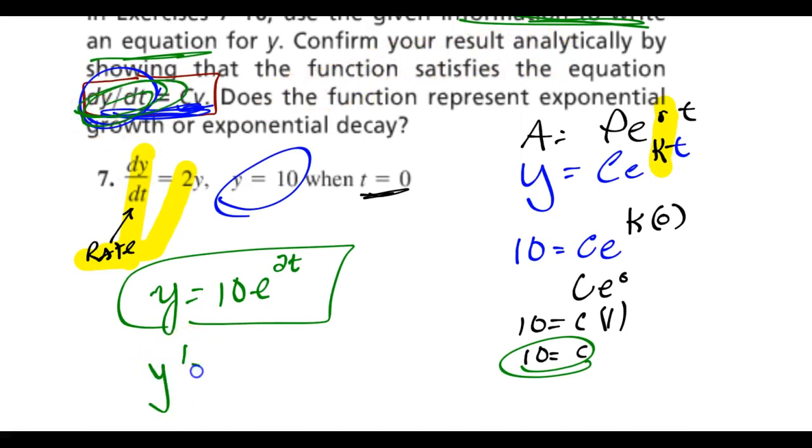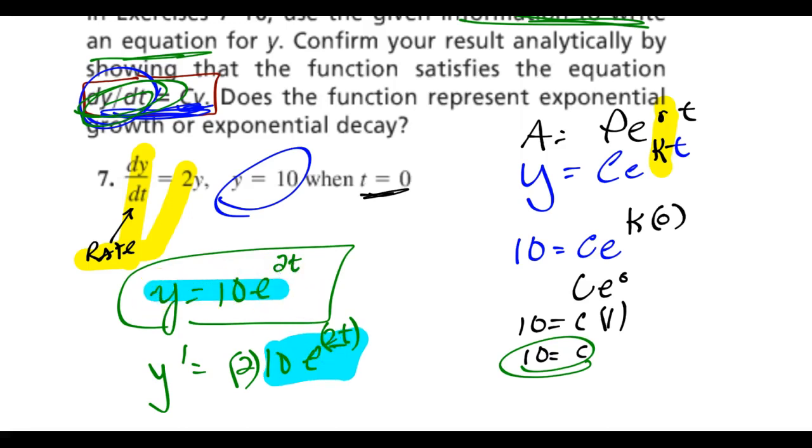So the derivative of this thing is the chain rule. The derivative of the outside, well, 10 is a constant, e^(2t), and then the chain rule says to multiply by the derivative of 2t, which is just a 2. And notice that this part right here, this 10e^(2t), is y.